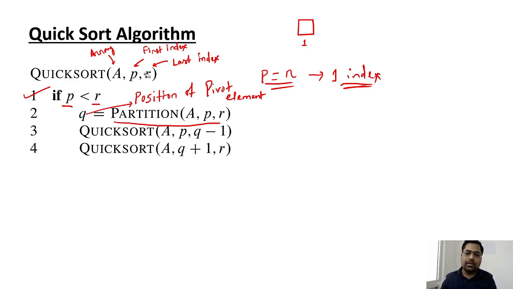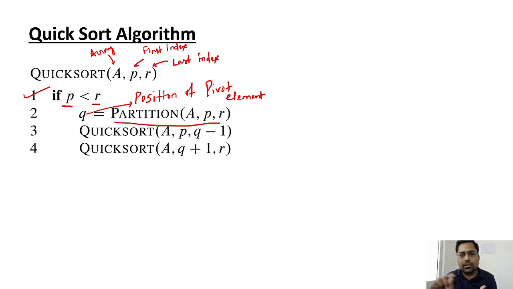If you want to find the greatest element among all the elements present inside that array, you take the initial element and first assume it is the greatest among all the elements. The same assumption we make while sorting. We keep a certain element as the pivot element through which we will do the sorting, like we will do the comparison with it. So here Q stands for the position of the pivot element.